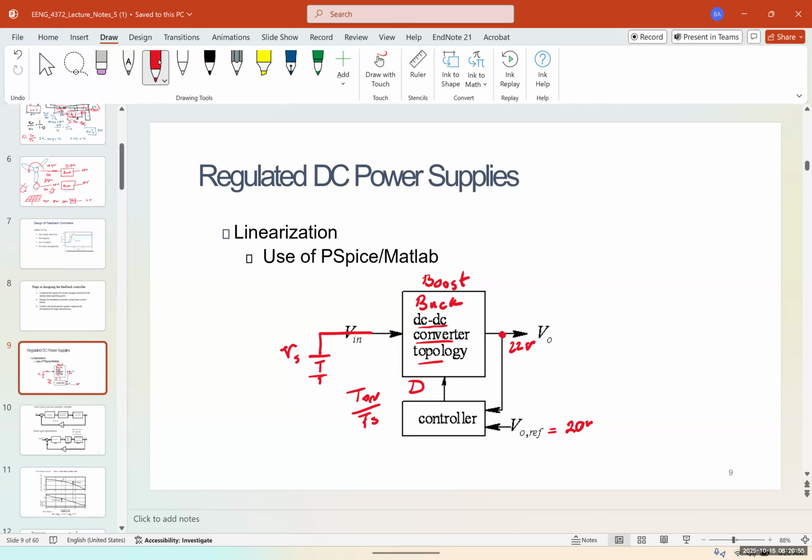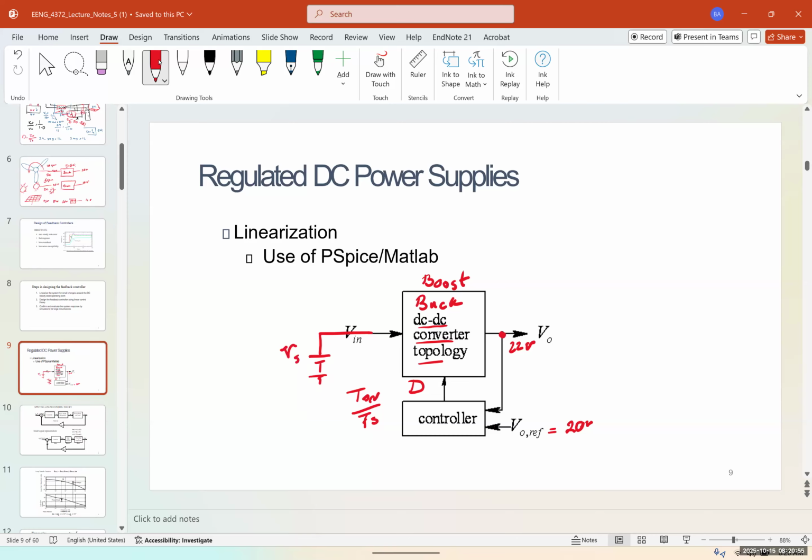Now the loop transfer function here, the GL, would be equal to GC, which is the controller, plus GPWM, which is our pulse width modulation, plus the power stage, or if we want to do it in dB, it's going to be plus.